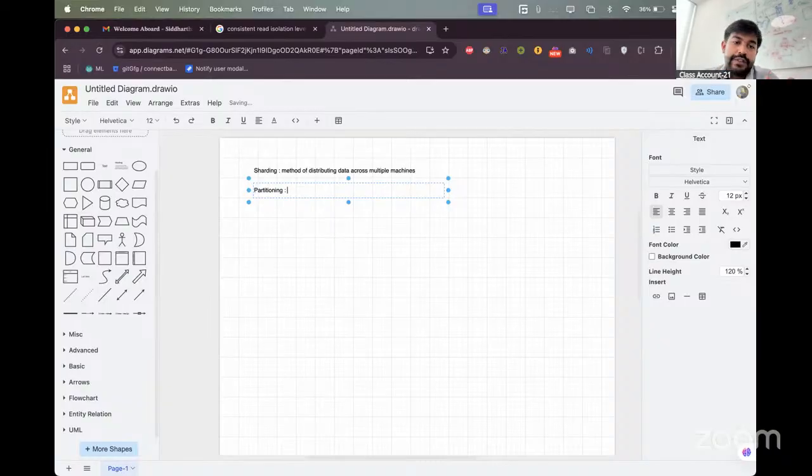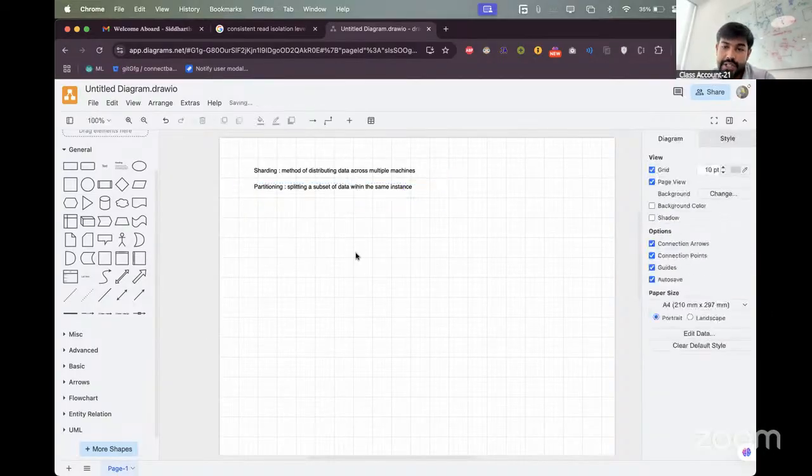Splitting a subset of data, but both of them are in the same instance. This is across multiple machines, a method of distributing data across multiple machines. Like this is 51, 52. This is splitting a subset of data within the same instance. This is known as partitioning.